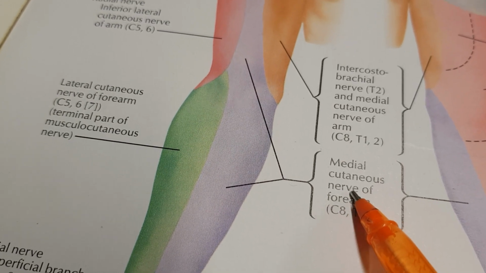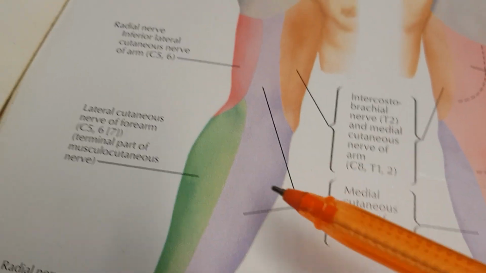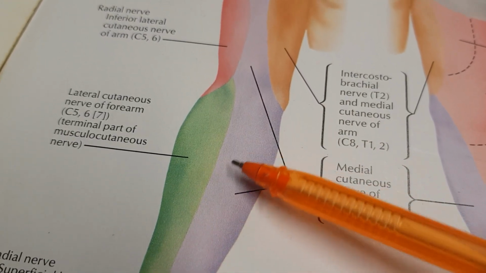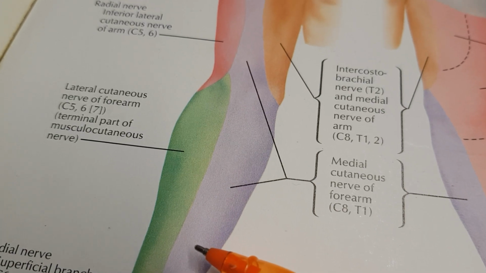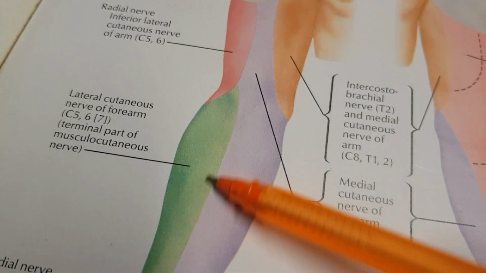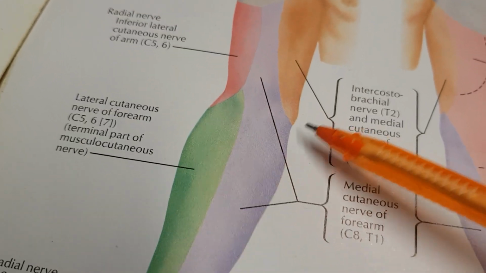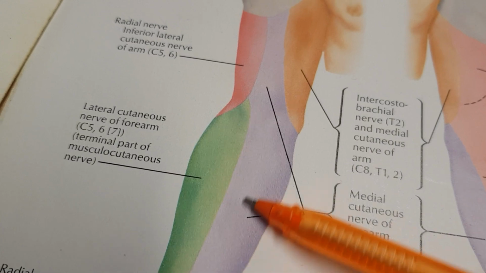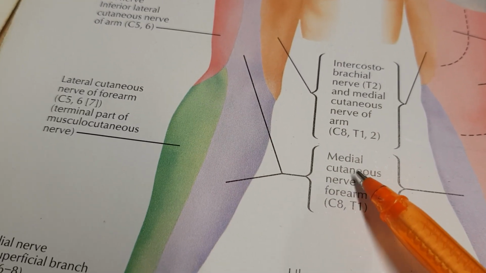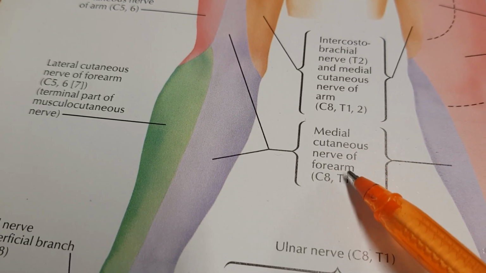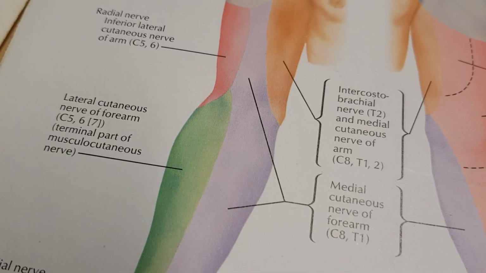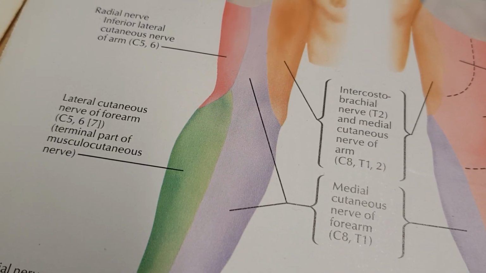It's a specific nerve from the brachial plexus that comes and supplies the anterior medial aspect of the forearm. So if there is decreased sensation for this big area, half of your forearm, you can query the integrity of the medial cutaneous nerve of forearm. It's a specific nerve from the brachial plexus.